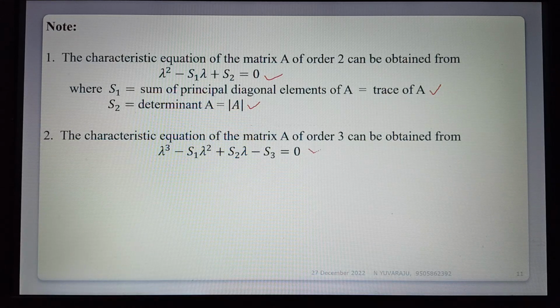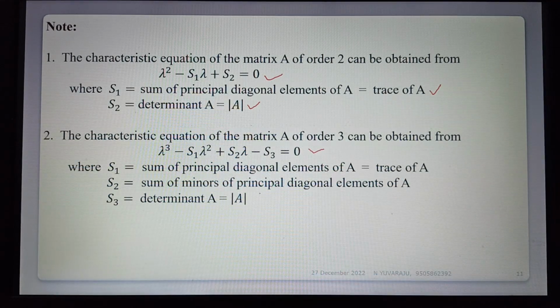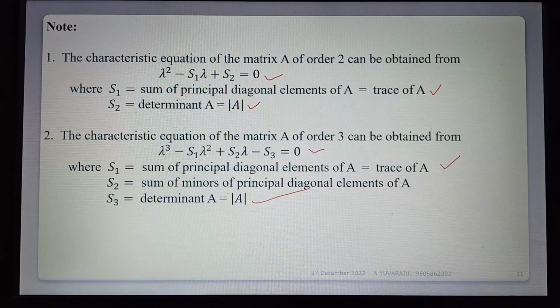Here we find S1, S2, S3, where S1 is the same trace of A. Next, S2 is the sum of the minors of the principal diagonal elements of A. We find the minors of only the diagonal elements, and the sum of all the minors of diagonal elements is the S2 value. Next, S3 is the determinant of A. Finding S1, S2, S3 and substituting here, we get the characteristic equation of the given matrix A of order 3.